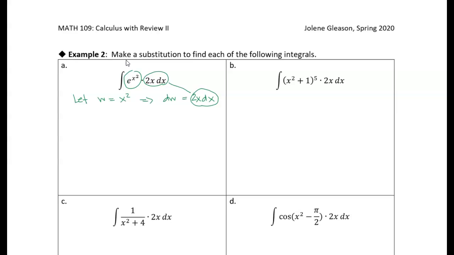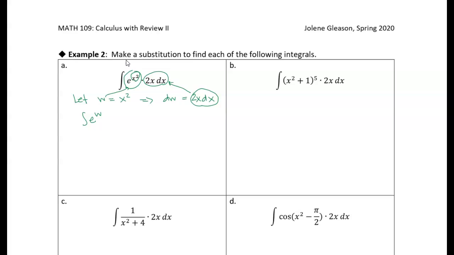Now notice this 2x dx is right here, so we can make that substitution, and then the x squared is here, so we're going to substitute w for x squared. When we do that, we get the integral of e to the w, because we defined w as being x squared. And then we can substitute dw for 2x dx.